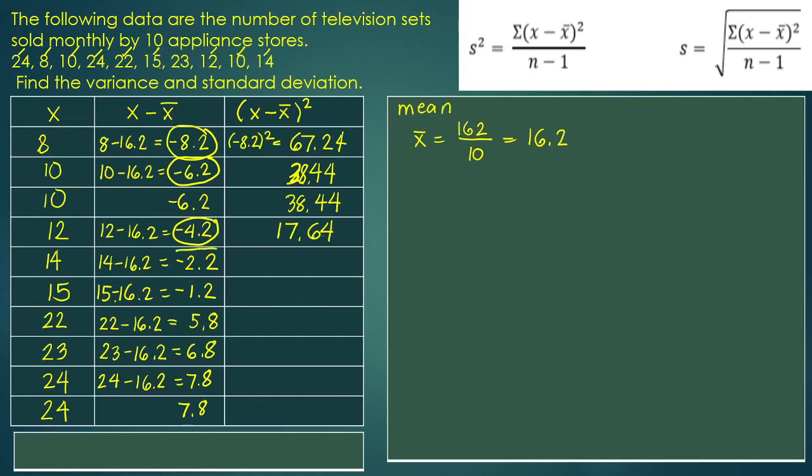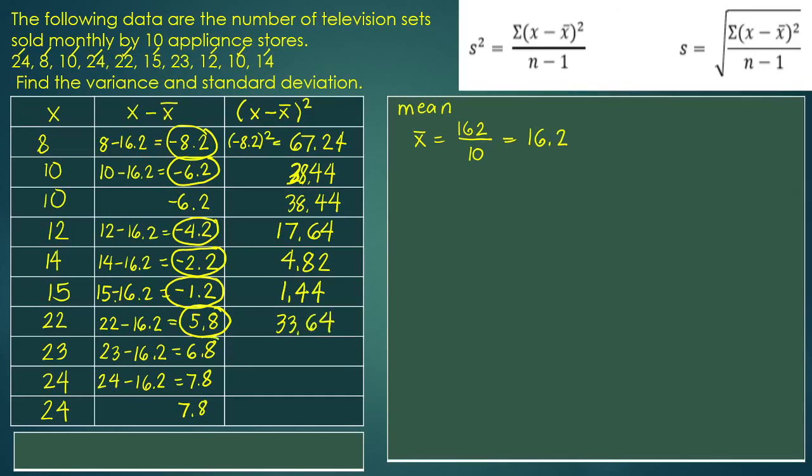What about 2.2 squared? 4.84. What about 1.2 squared? 1.44. How much is 5.8 squared? 33.64.